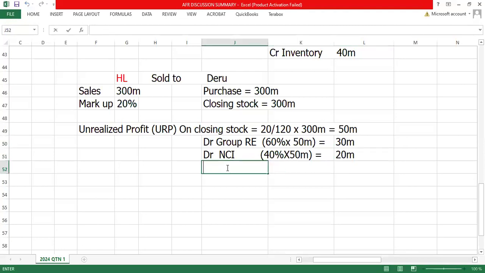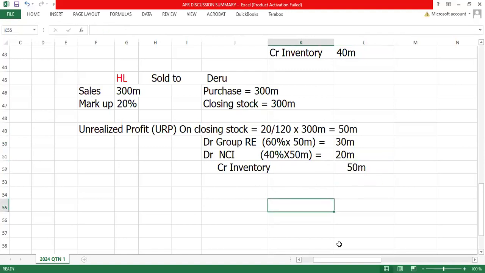Then you are crediting what? The total goes to inventory. You're crediting the inventory with the 50 million total.